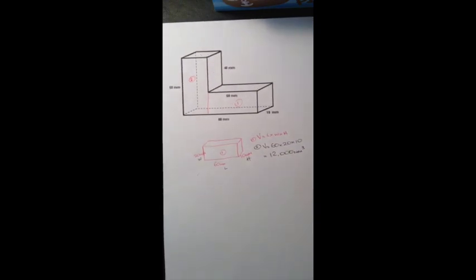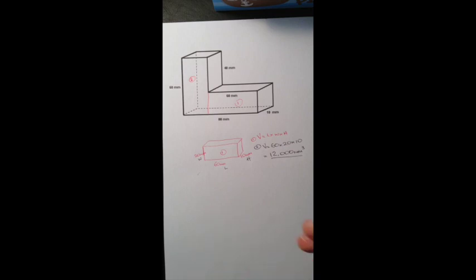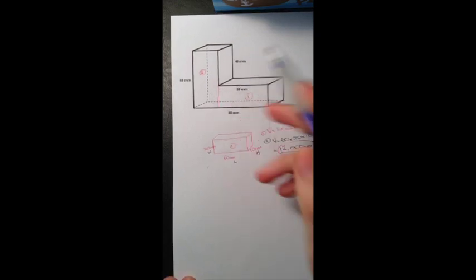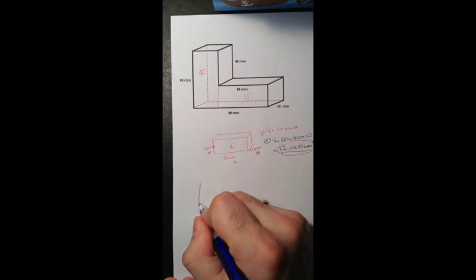So you've worked out the volume of the first shape, and I suggest you highlight it or underline it or anything like that, because you need to work out now the volume of the next shape. So if we look at shape number 2, let's do it in a different color so we don't get confused here. If we look at shape number 2, again, it's a rectangular prism, but this time it's actually kind of standing up.